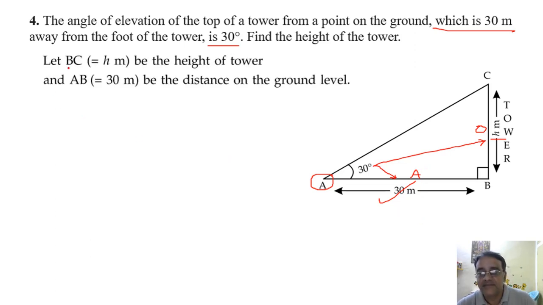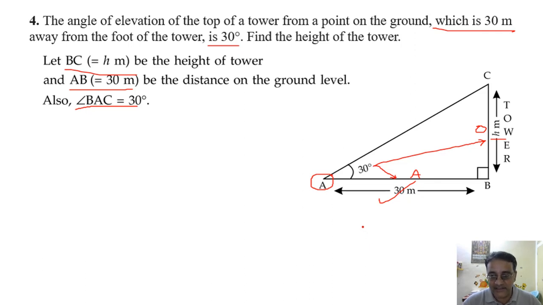So let BC equal to h meter be the height of the tower, and AB is equal to 30 meter be the distance on the ground, and the angle BAC is equal to 30 degree, and we have already analyzed that we have to use tan 30 degree. So what is tan theta in terms of opposite side and adjacent side?